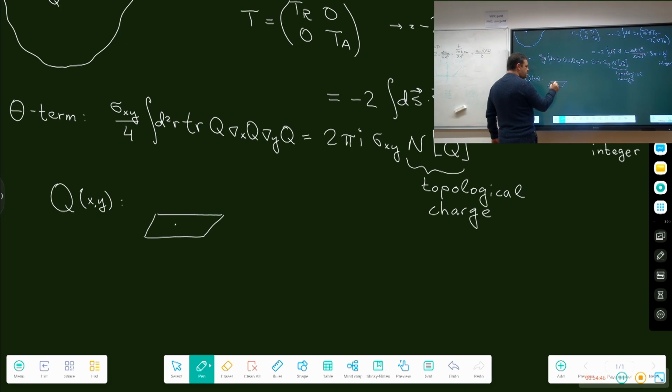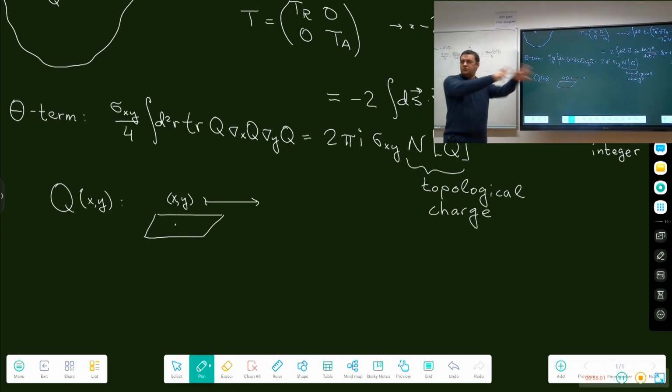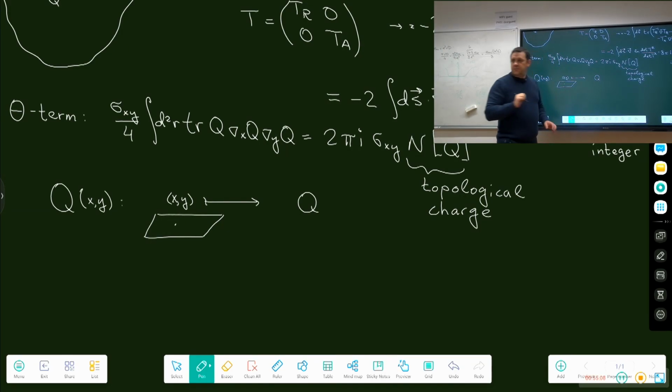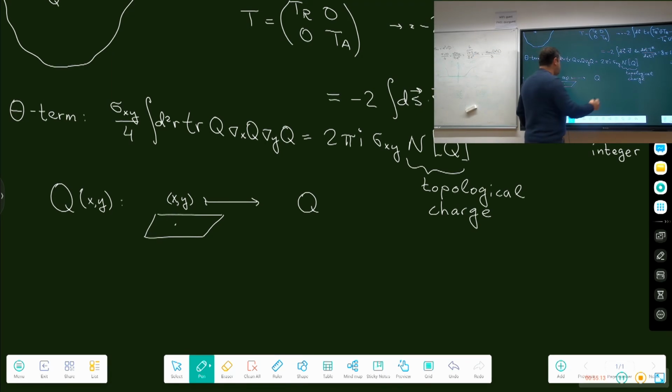Any point has coordinates X and Y. This Q of XY is a function. It maps the point XY into the value of Q. And the value of Q is also a point, but not in real space, it is a point in this symmetric space, in this manifold of all Q matrices. So it maps into this U(2n) over U(n) times U(n) space.